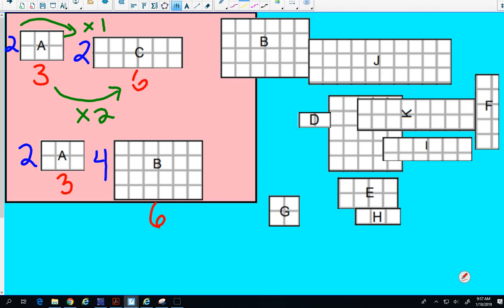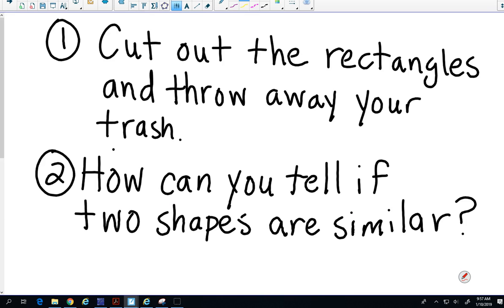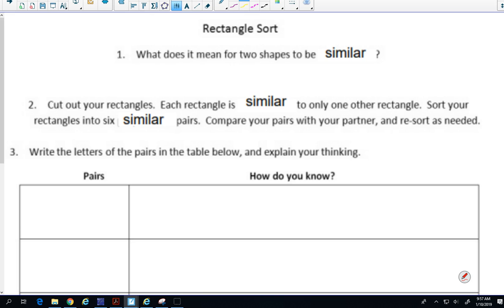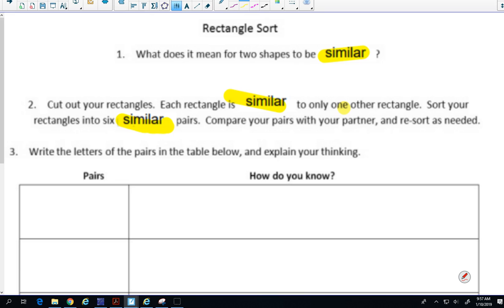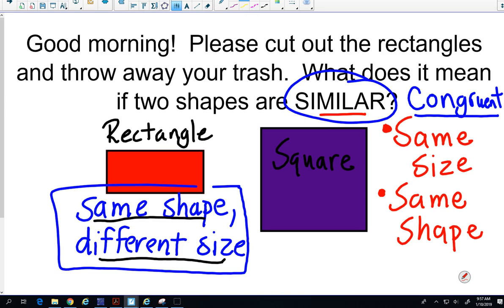Okay, so you guys are looking at the area of the shapes. What we need to be looking at is the relationship between the side lengths. So I'm going to show you something. Okay, let me just draw something.